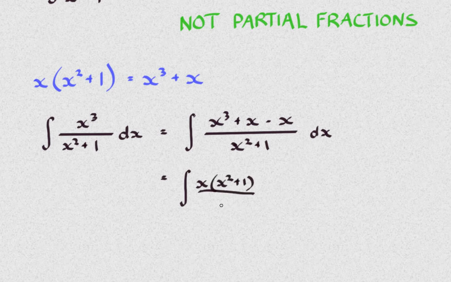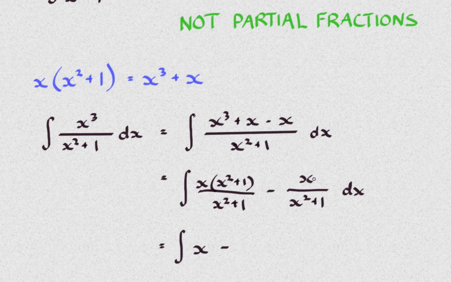So there's the first fraction, and then we're going to subtract the second fraction, which is x over x squared plus 1. Focusing on the first fraction, this cancels really nicely. The x squared plus 1 and the x squared plus 1 cancel out to leave us simply with x, and then we have this term.